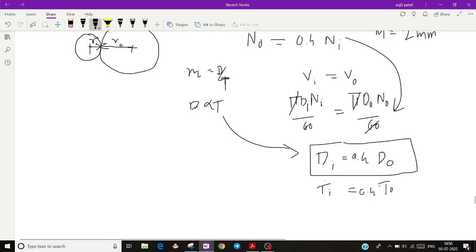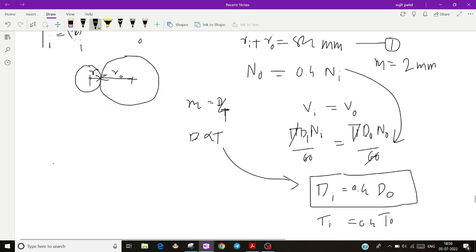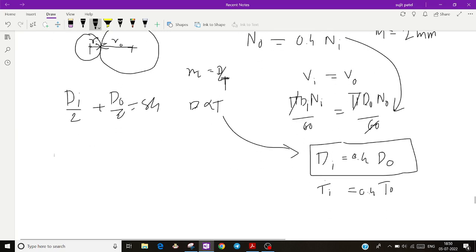Similarly, we know the radius is equal to D by 2, so Di by 2 plus Do by 2 is equal to the center distance, given as 84 mm. So we can write Di plus Do as 84 multiplied by 2, that is 168 mm. Now module is equal to D by T, and module will be common because for correct meshing the module must be the same.